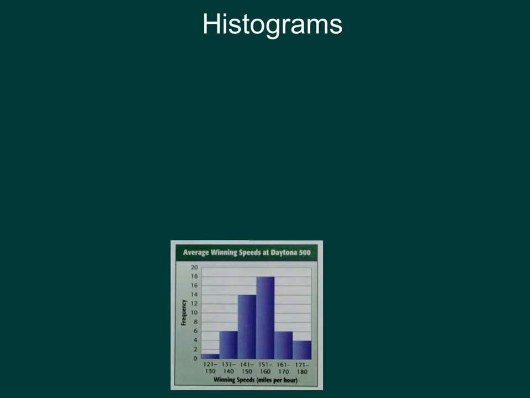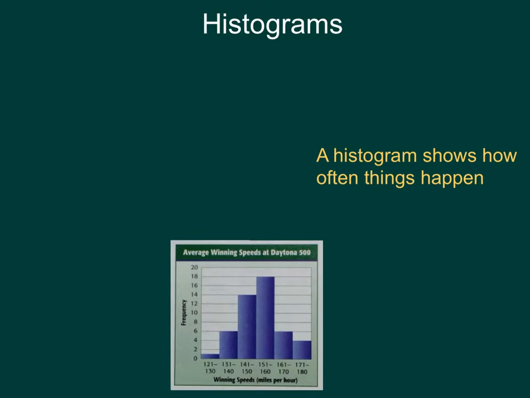Here's the difference between a histogram and a bar graph. In a histogram, the graph itself shows how often something happened. So if you notice this, down here, these labels, these are the winning speeds at a race car race called the Daytona 500. So we can see from this graph that down here, this is the miles per hour of the winning speed of the car.